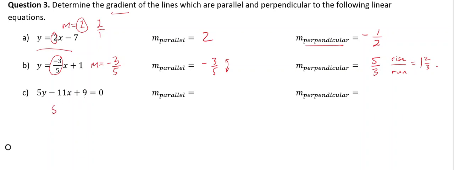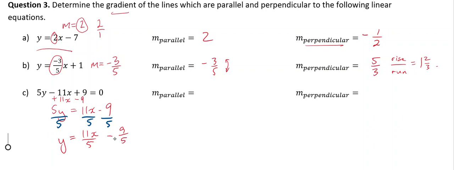So let's start off by saying, well, 5y we can get by adding 11x to one side and subtracting 9 from both sides. So we're going to have 11x minus 9 is what 5y is equal to. And then we go ahead and get rid of the 5. It's times 5, so we divide by 5 on each side. So we're going to end up having y equals 11x over 5 minus 9 over 5.